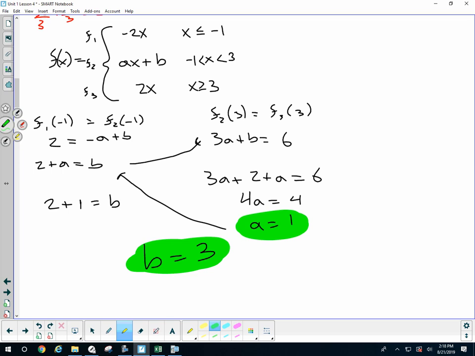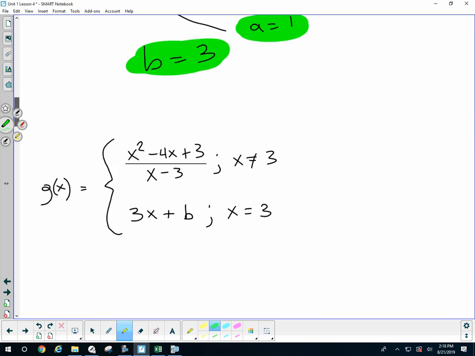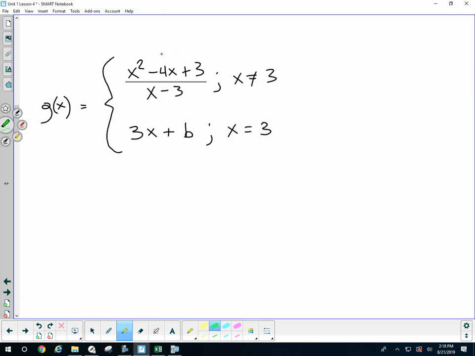Okay, those are piecewise. Here comes a pointwise. I need to make sure that this entire function is continuous, which means I need to make sure this point at 3 meets up with what this function is approaching.